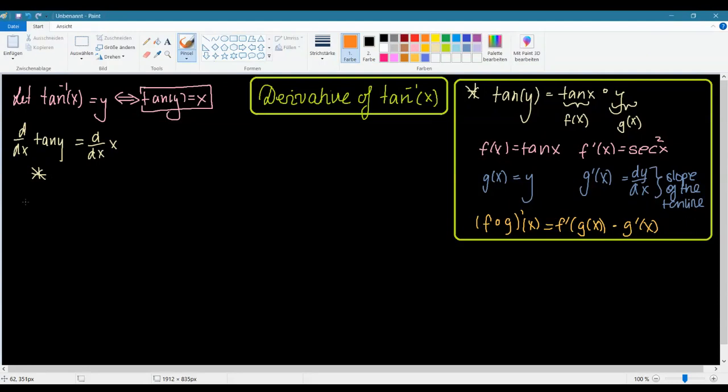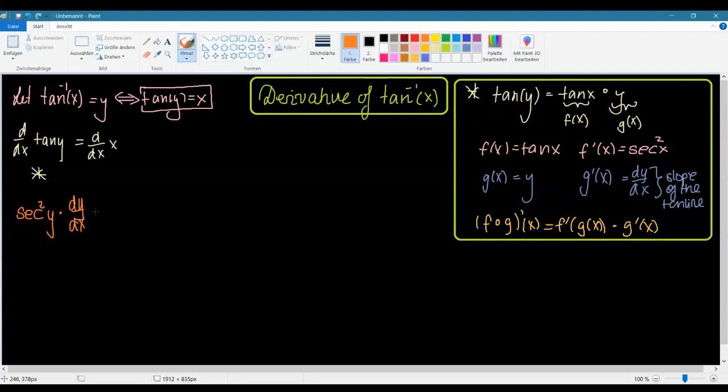This is going to become secant x squared, except that it's not x, it's actually going to be y because the inner function is y. That's going to be y, so secant squared y times dy by dx, which is not a fraction. Just remember that is not a fraction. We aren't dividing dy by dx.